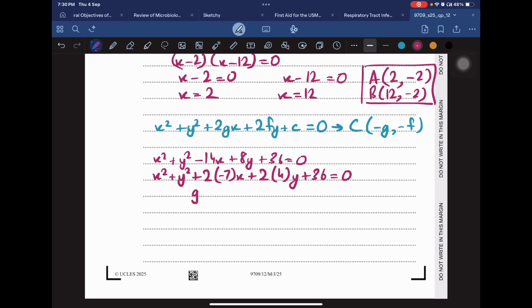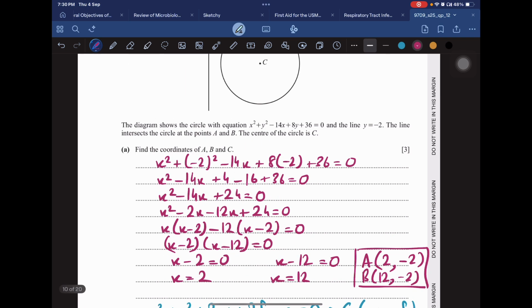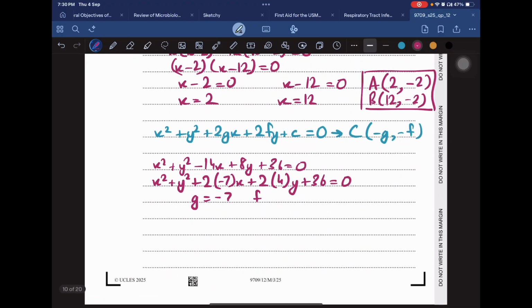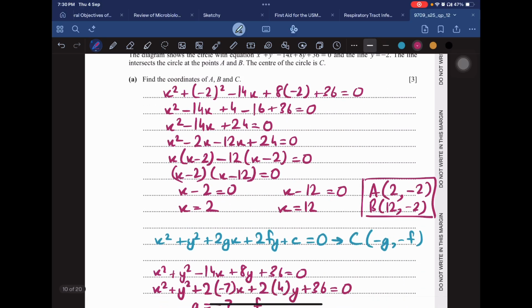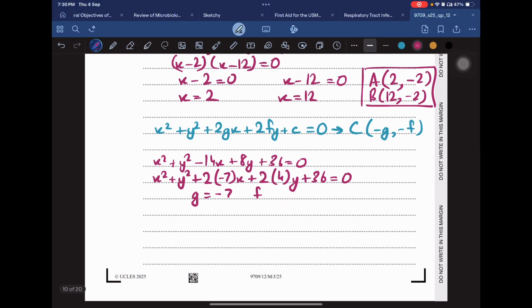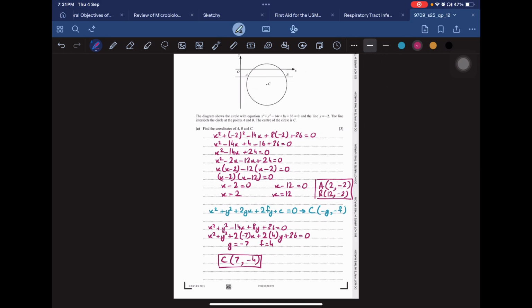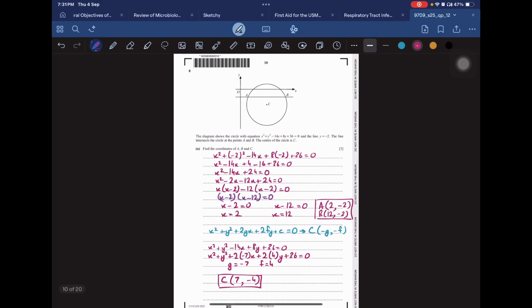So that means g for me is negative 7, f is 4. So the center of our circle C will be negative g, so negative g is 7 and negative f would be negative 4. So these are the coordinates of the point C. We've got all three, A, B, and C.